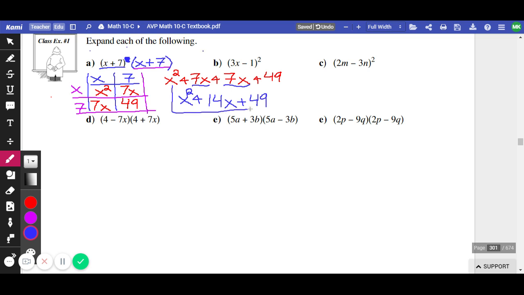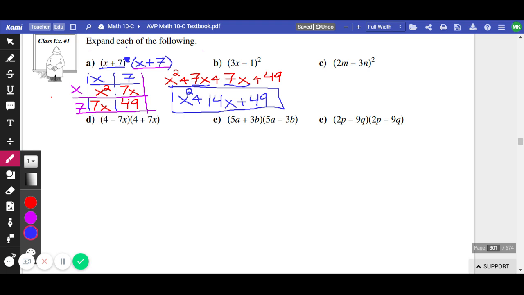So your final answer would be x squared plus 14x plus 49. Fantastic. Rings a bell from yesterday? I hope so. We'll do the one right below it.